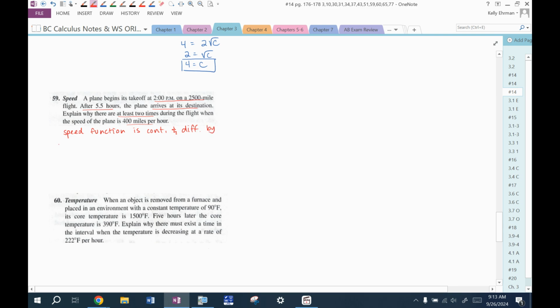So by mean value theorem, there is, now the mean value theorem says at least one. They're saying at least two. We'll talk about that.